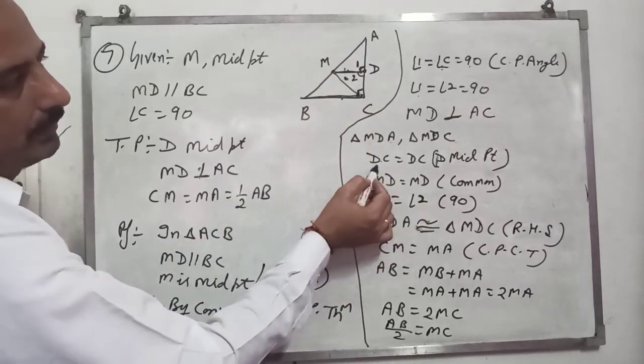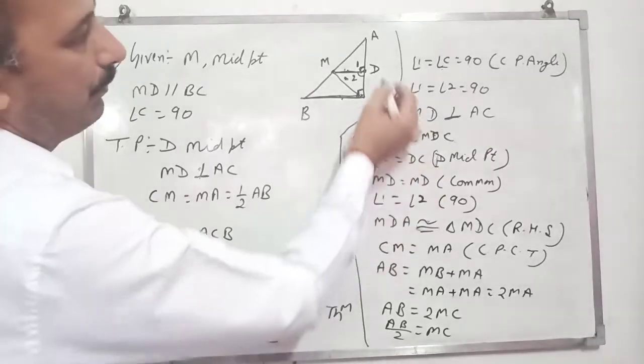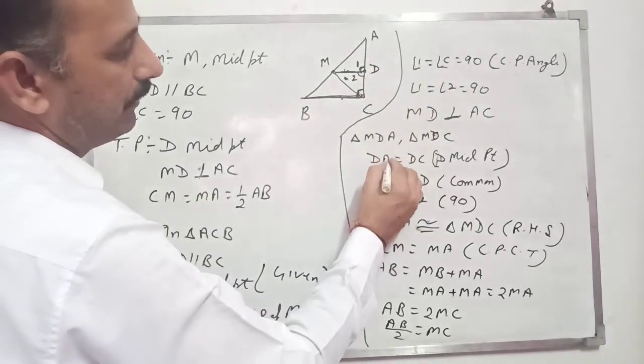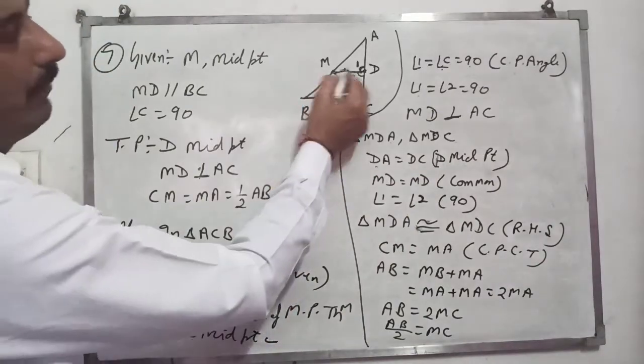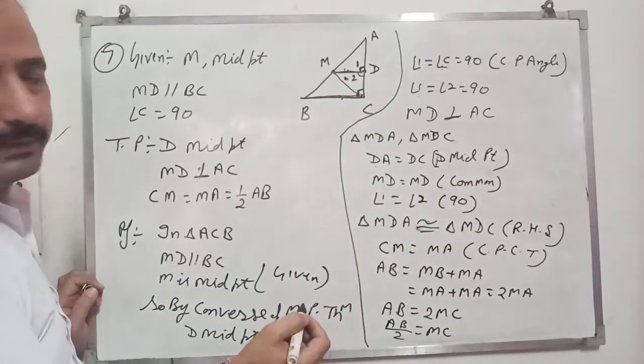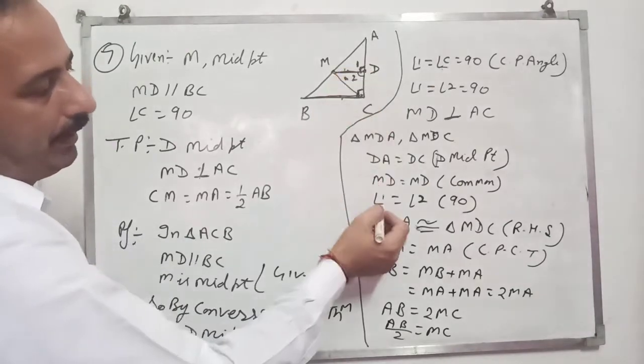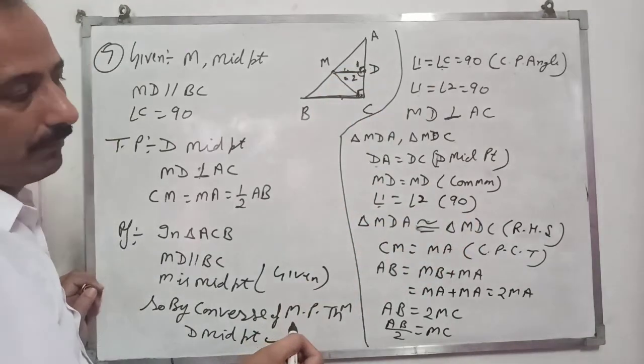D is the midpoint, so AD is equal to DC, right? And MD is common to both, and angle 1 and angle 2 are 90 degrees, we can use that also.